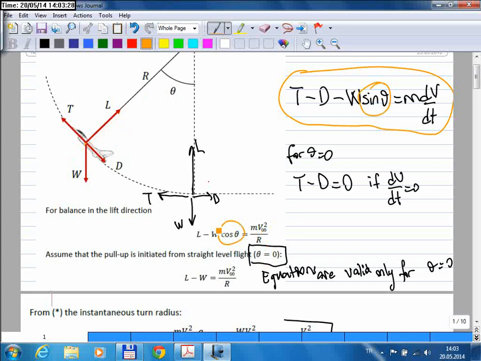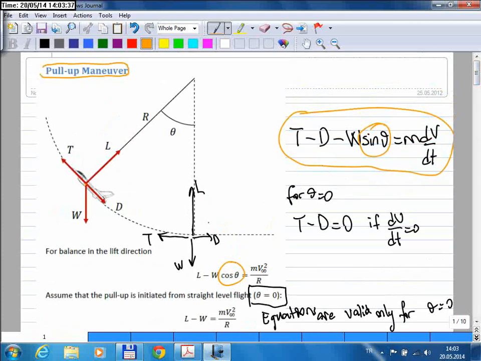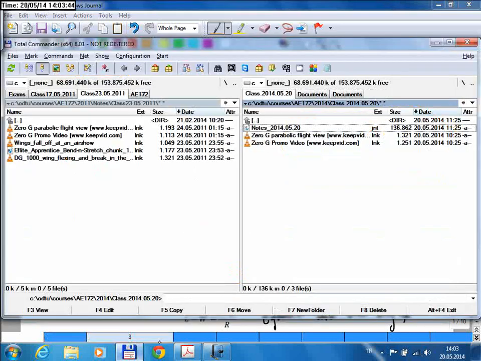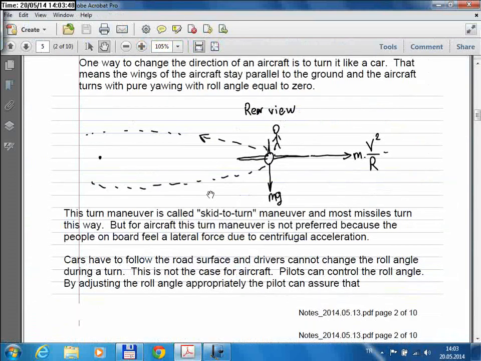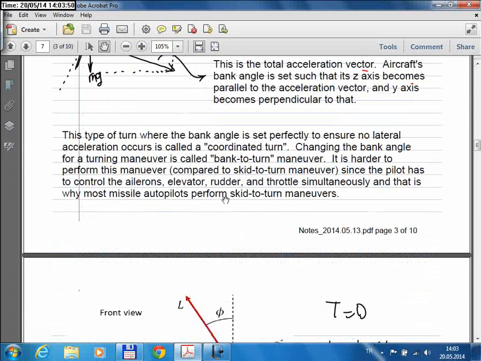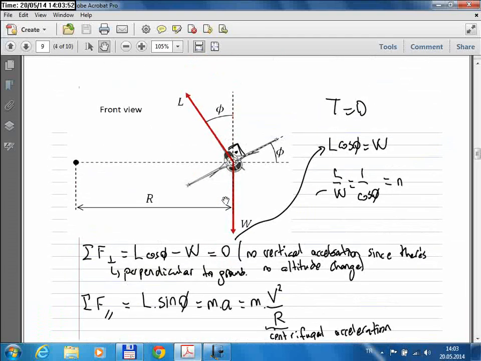Because of these theta terms, the pull-up maneuver is different, because at every instant during the maneuver you have a different force relation. That's because both of the equations depend on theta. If you go back to the level turn maneuver, in this equation the forces depend on the bank angle, but the bank angle doesn't change.